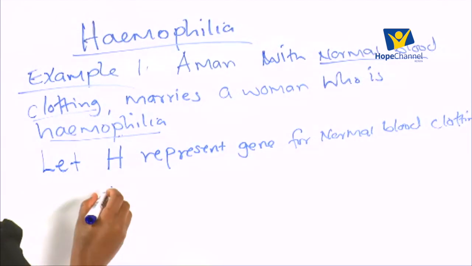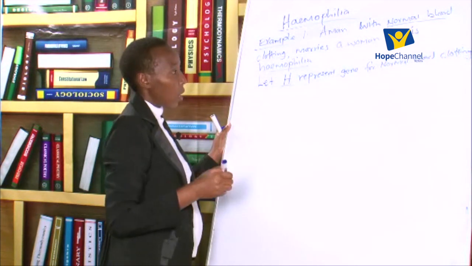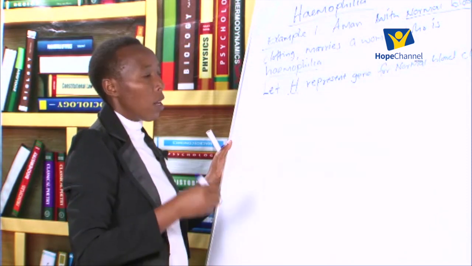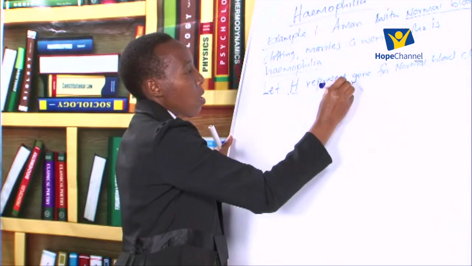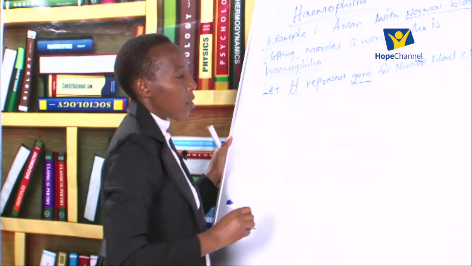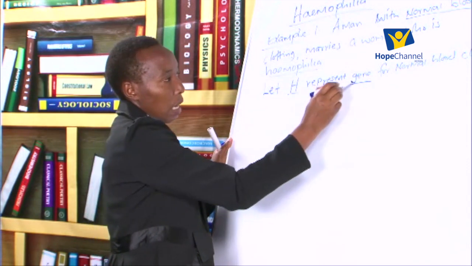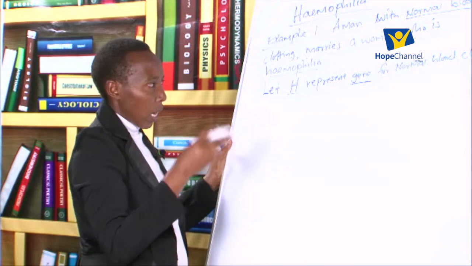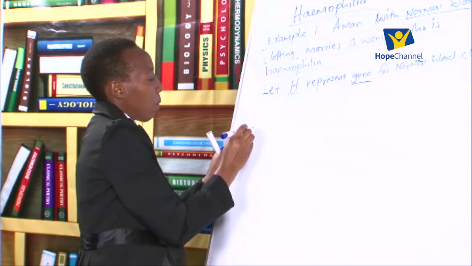So I want you to be very keen. I'm picking a letter, you can also pick your letter so that we work together, and at the end of the day we see if you have the same results. The letter is representing the gene, so we are not just using the letter anyhow.